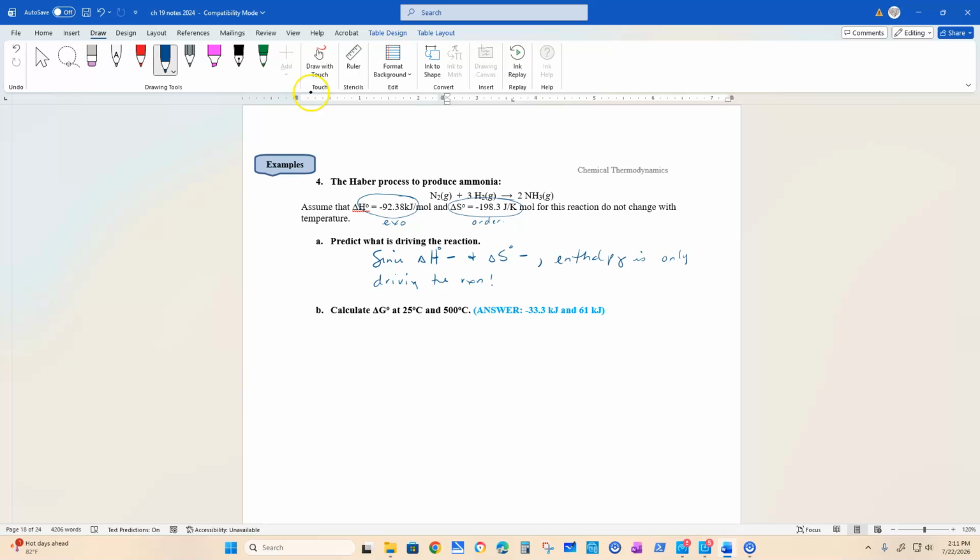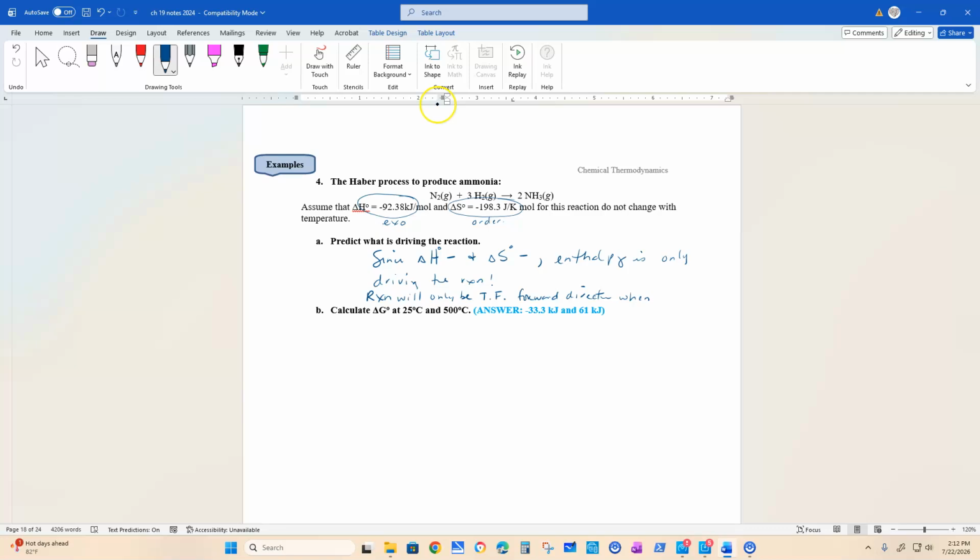Now, can you predict when it will be thermodynamically favored? So the reaction will only be thermodynamically favored in the forward direction when? Is it high temperature or is it low? It's not an all temperature scenario because they're both negative.